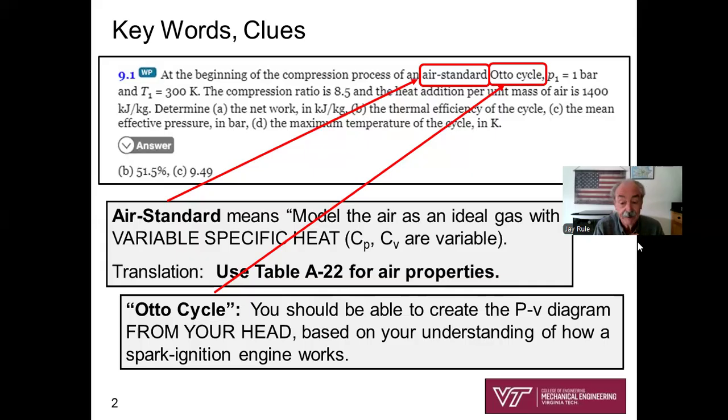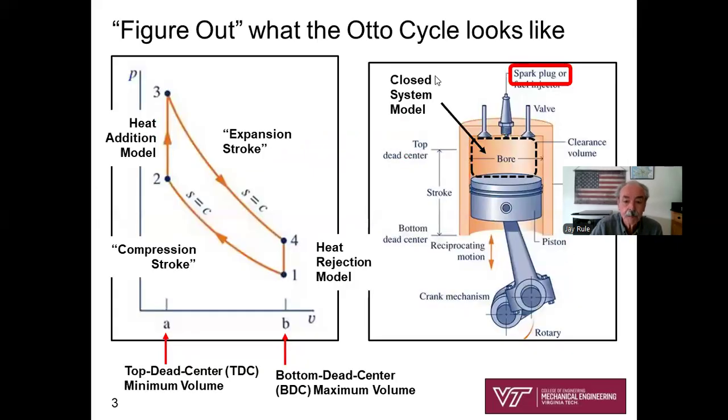That was me. My dad was an engineer, but I did not have a great interest in working on car engines. So there's going to be various levels of understanding of how the Otto cycle models the spark ignition engine. And I'll try to review that. Okay, and so let's see if I can help you figure out what the Otto cycle looks like on a PV diagram, so that everybody is going to be on the same footing.